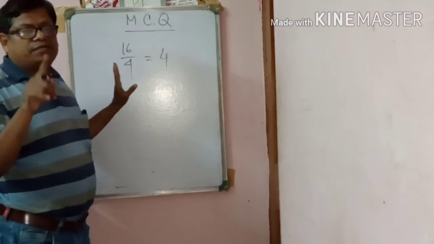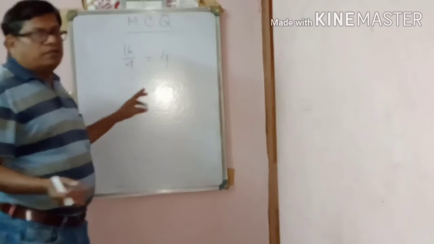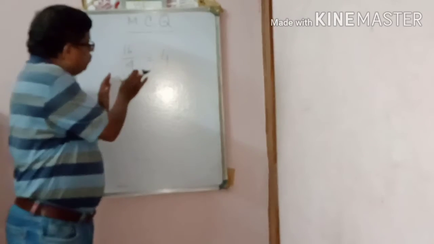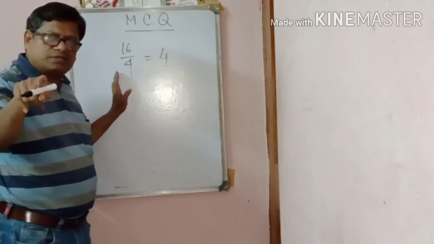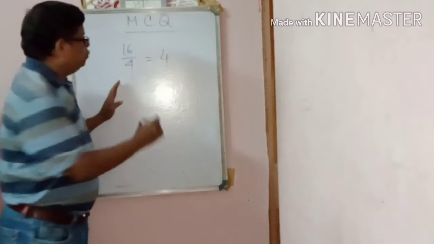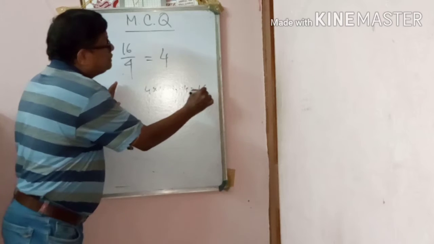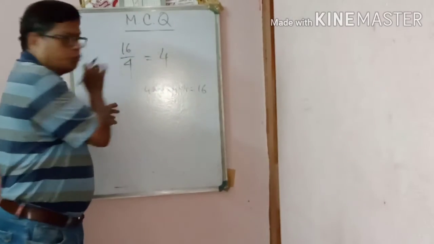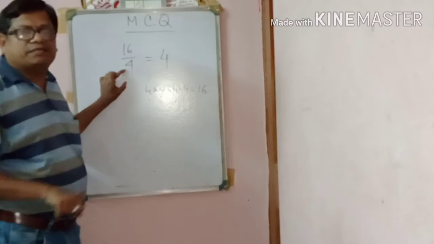Or how many 4s are required to make 16? All of you know, 4 times, because 4 plus 4 plus 4 plus 4 will be 16. You are getting the answer. 16 by 4. How many 4s are required to make 16?